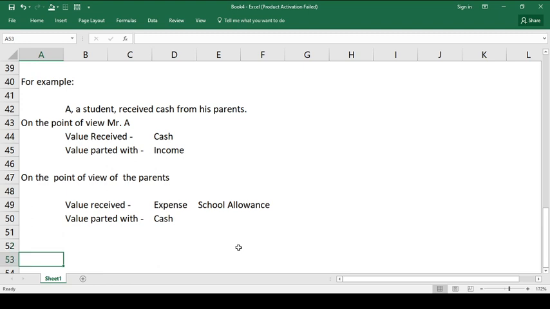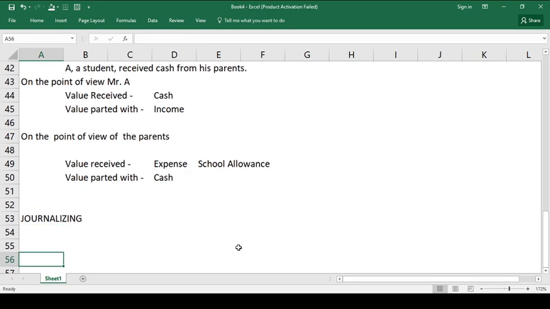I'm going to finish already on the last part. Okay, journalizing. Because we have already identified the transaction to be accounted, we have already determined how we are going to analyze the accountable transaction.